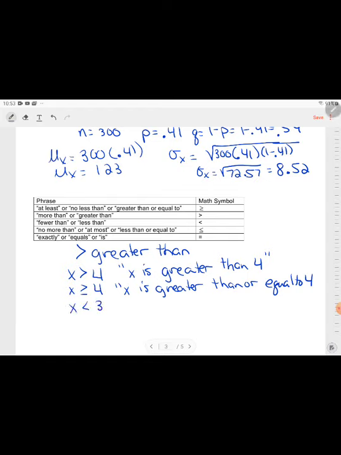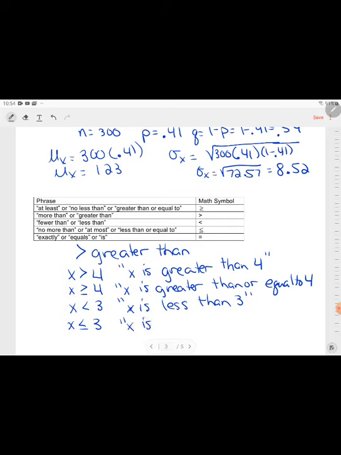And again, looking the other direction, switching your inequality sign, x is less than 3. Okay, don't include 3. So if you want to include 3, we have to make it an inequality with an underline.